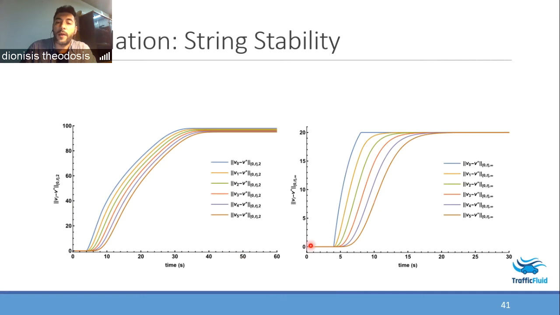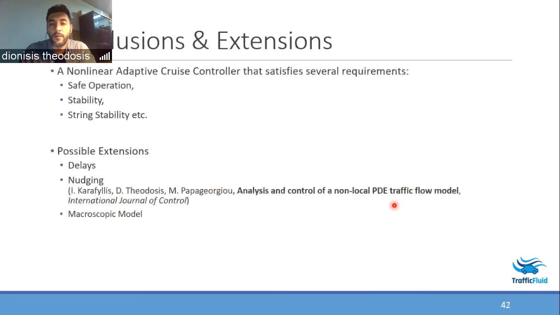And on the right, we had the maximum deviation from the equilibrium position, which also shows that as we move along the string of vehicles, this deviation decreases.